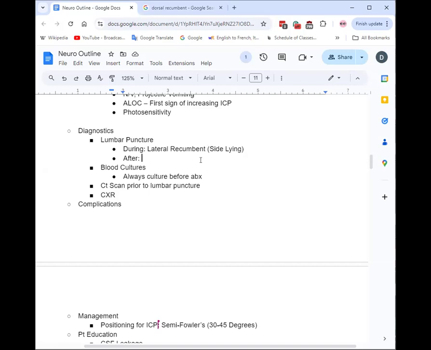Okay. So we got a few more answers now. For those saying flat, do you want them flat all the time, or do you want to do something after? You are going to want to keep them flat initially, and then gradually adjust back to semi-Fowlers.